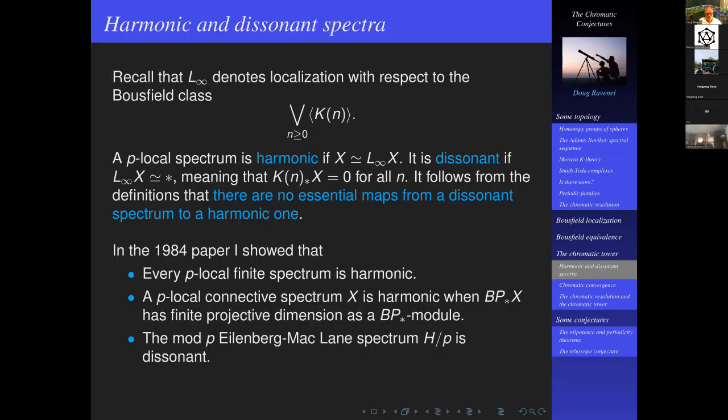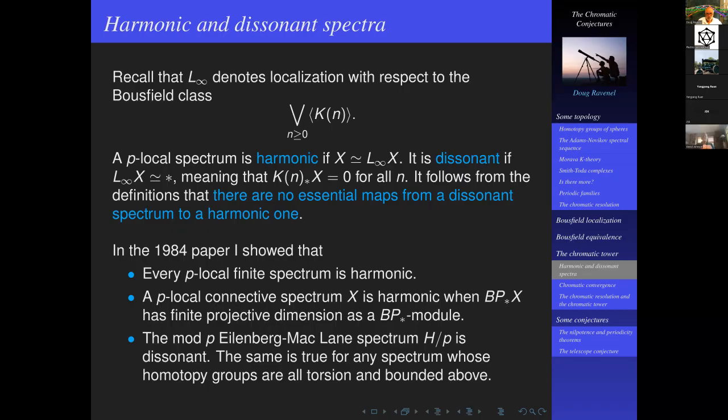And I showed that the mod P Eilenberg-MacLane spectrum is dissonant. This is the same for any spectrum whose homotopy groups are all torsion and are bounded above. If you have a spectrum where there are no homotopy groups above a certain range and all the homotopy groups are torsion, then any such spectrum is dissonant.